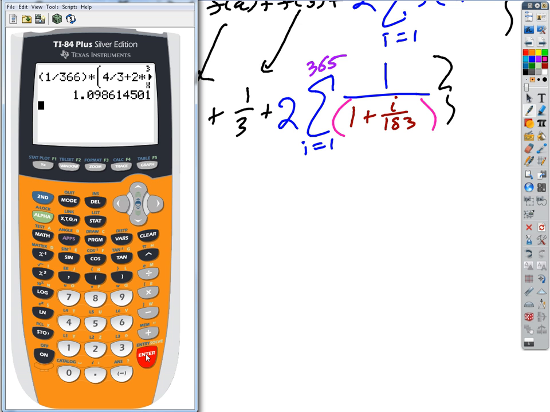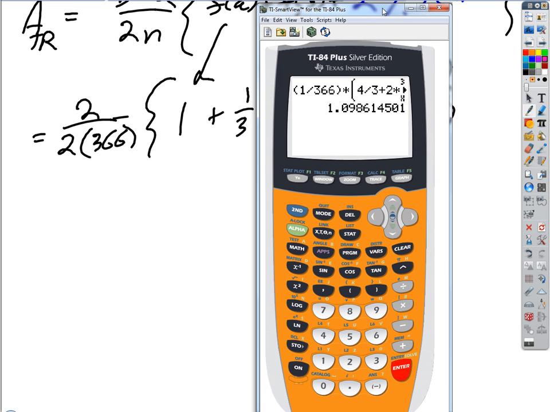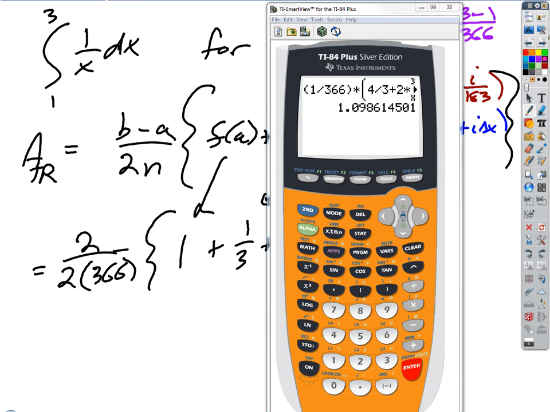Okay. So that's the trapezoidal rule answer. Let's check the real answer and just see how close it is. How would we compare that to the actual answer? What was our function again? Well, right there, right? So I could just go math 9, is that right?